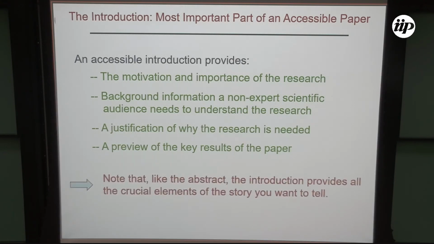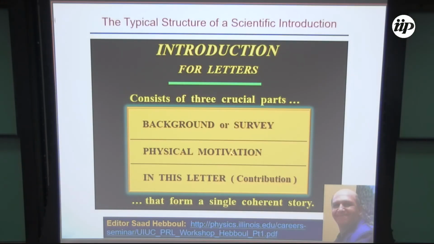You'll note that this is much of what's contained in the abstract as well, so they're very similar in that regard. The way Saad Habul framed it in his talk is the introduction consists of these 3 crucial parts: background or survey, physical motivation, and then what he calls the in this letter contribution.